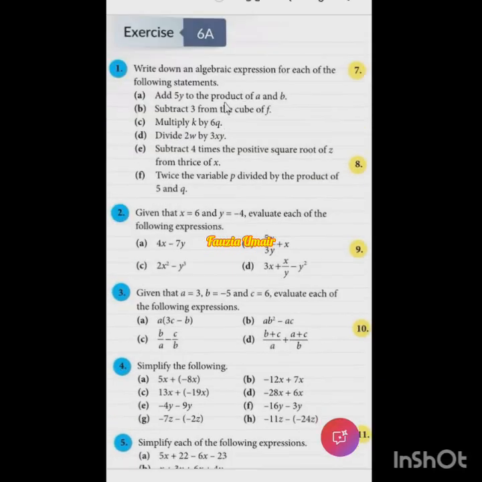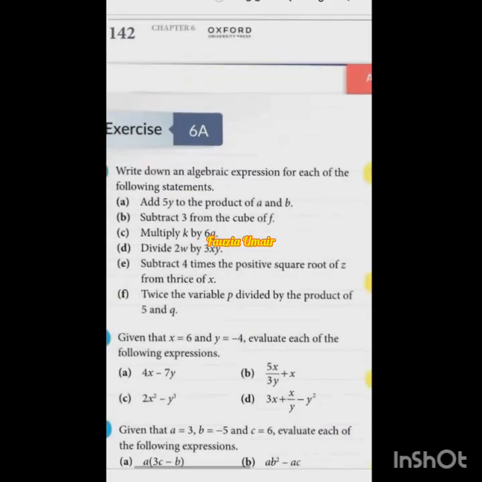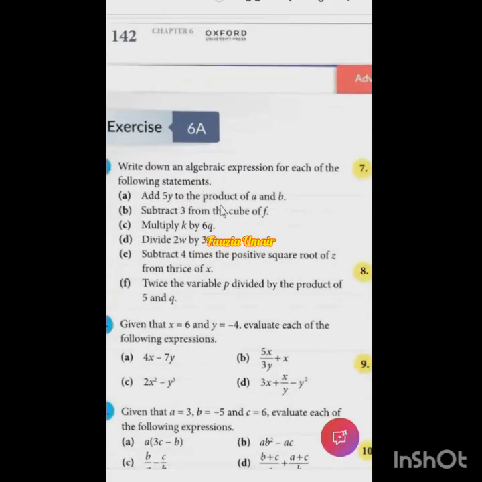A multiply by B. Usually we don't write multiplication, so how are we going to write the product of A and B? AB. So add 5y to AB. The answer would be AB plus 5y, right?